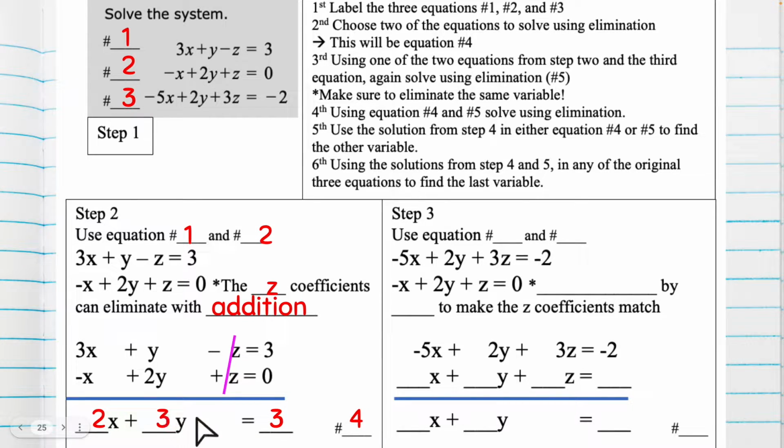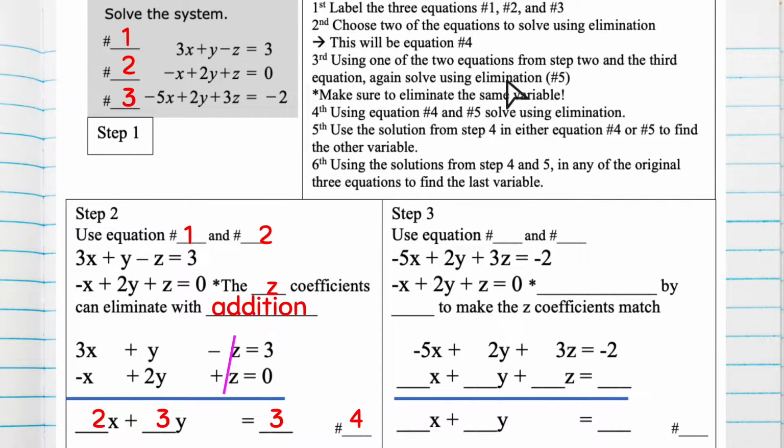So what we're trying to do is get this down to a manageable position where I know I can solve for one of these variables. Once I solve one of the variables, the rest of it starts to fall into place a little easier. So we have to do a little bit more work for these step 2 and 3 to get to that manageable situation. For step 3, we're going to use one of the two equations from step 2, so I do have to use either 1 or 2, and then the third equation.